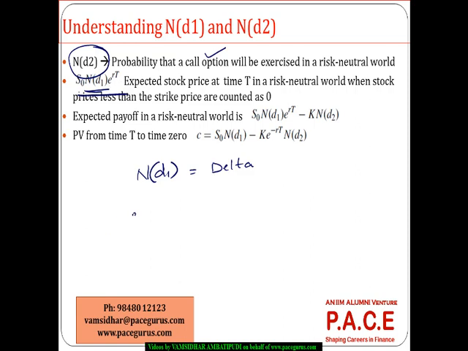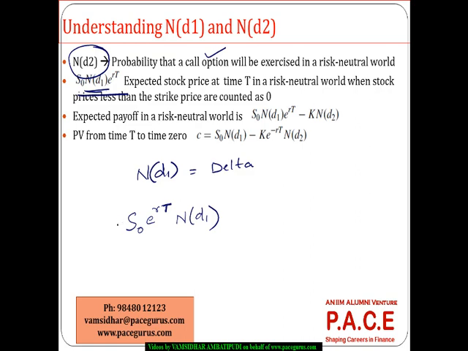What we are saying is, S0 is the current price. Ee^(rT) is the forward price, the expected price at the end of T period. And N(d1) is talking about when the market price is less than the strike price, I'll take it as 0.